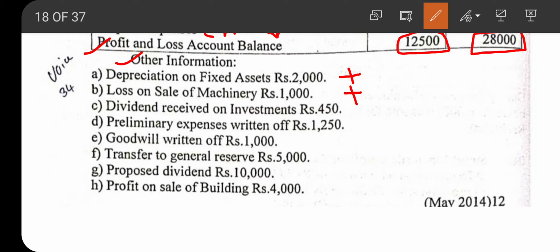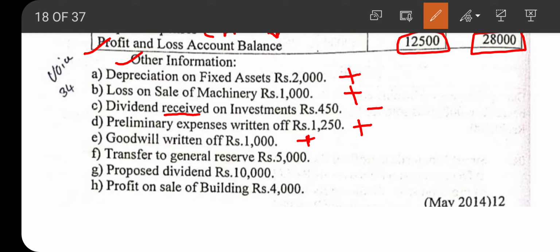Dividend received on investment is a non-operating item, isn't it? So you need to deduct that. Preliminary expenses written off is a non-operating expense which you need to add. Goodwill written off, you need to add this also.